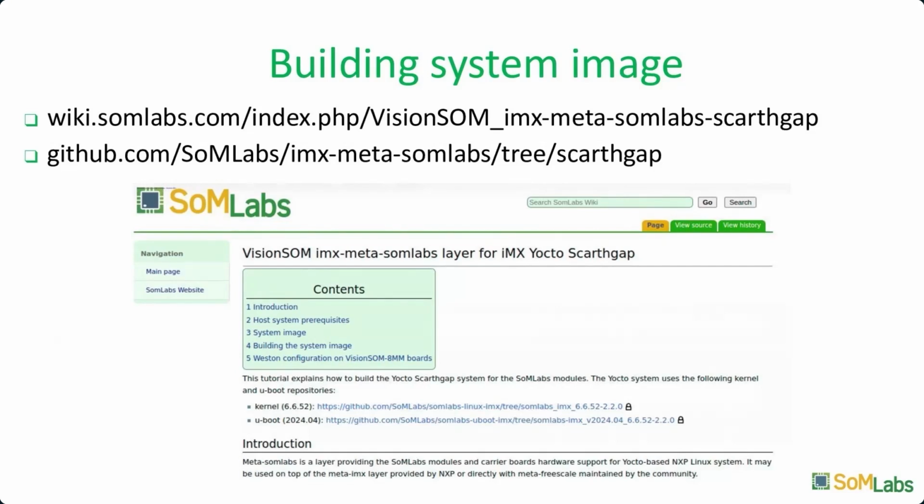You can go into the correct Yocto version, like Yocto Scarthgap, which is the newest Yocto release right now, on our Wiki pages, and you can find the links to components like kernel and bootloader that are also on our GitHub, and the steps will take you through the whole compilation process.